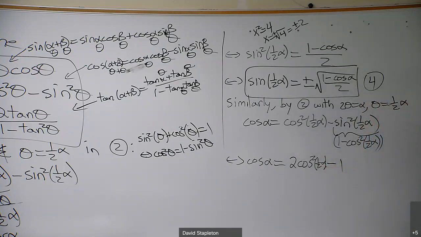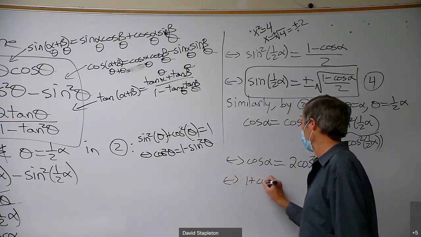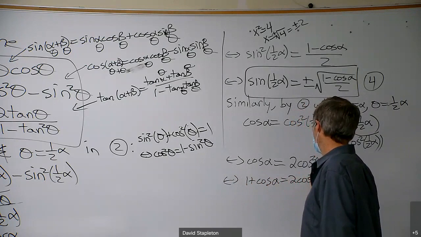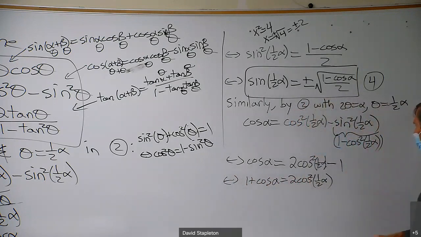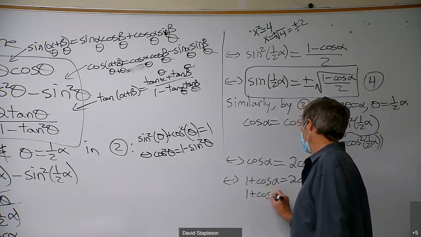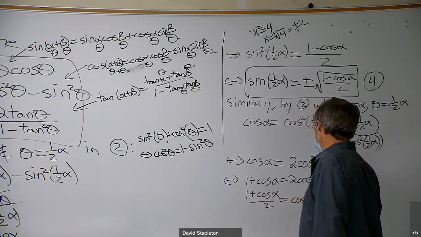Then the object is to solve for cosine of a half alpha. I'll have a half angle identity for cosine. So I'll add 1 to each side and get 1 plus cosine alpha on the left equals 2 cosine squared of a half alpha on the right. Okay, divide by 2. 1 plus cosine alpha over 2 is cosine squared of a half alpha.